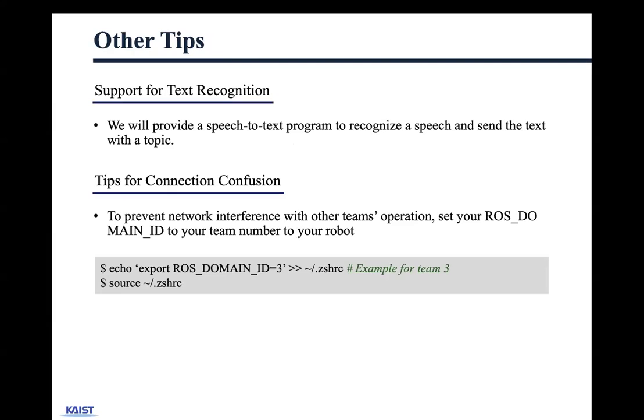And for other tips regarding text recognition support, we will provide a speech-to-text program to recognize speech and send the text with a topic, which will be uploaded sometime next week. There was some network interference confusion during the semester, so it is highly recommended that you prevent network interference with other teams' operations by setting your ROS domain ID environment variable to your team number on your robot.